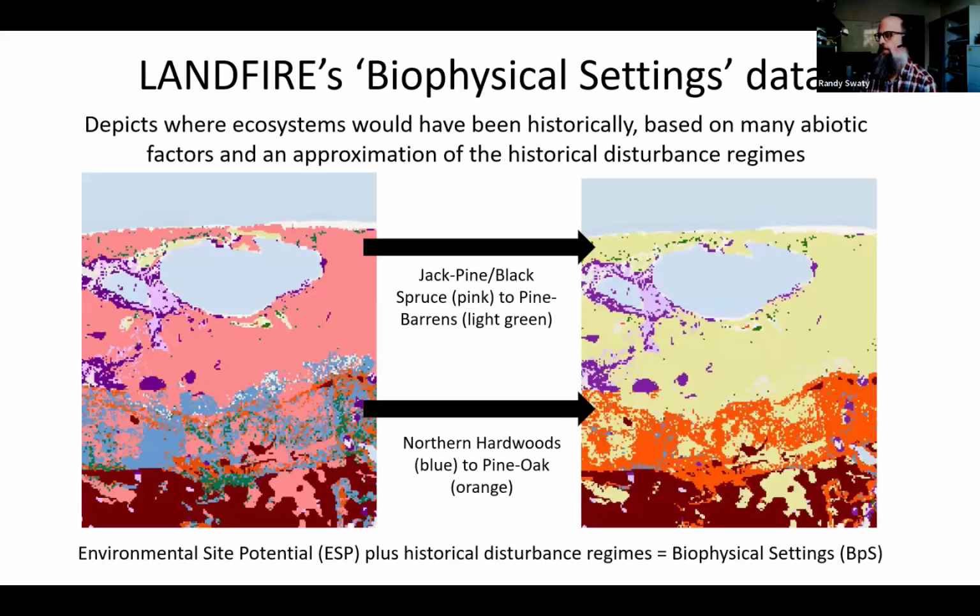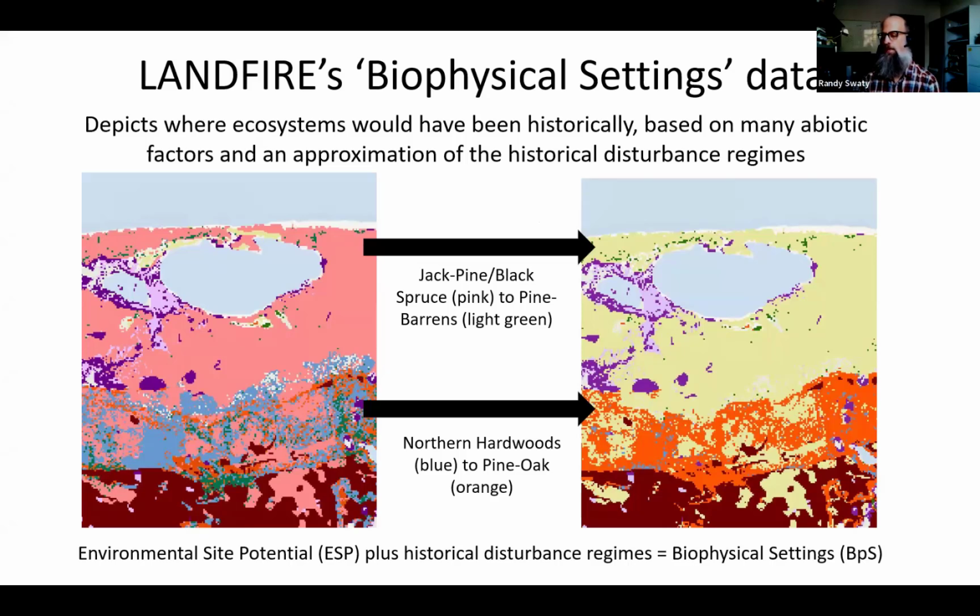All right, so again, at the top is that text description, and I'm going to walk through these maps a little bit and dig into this data set called environmental site potential first. So LANDFIRE developed a data set called environmental site potential largely as a precursor in the processing to get to the biophysical settings data. You can read it very literally.